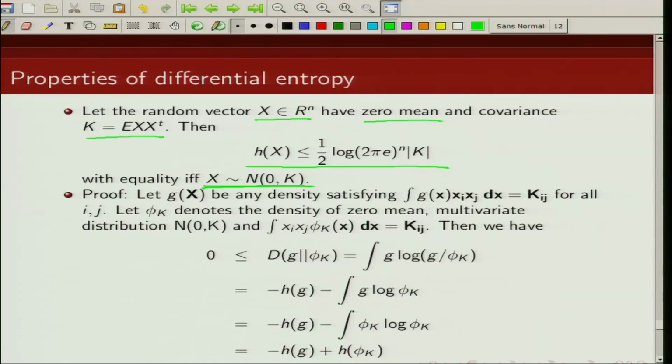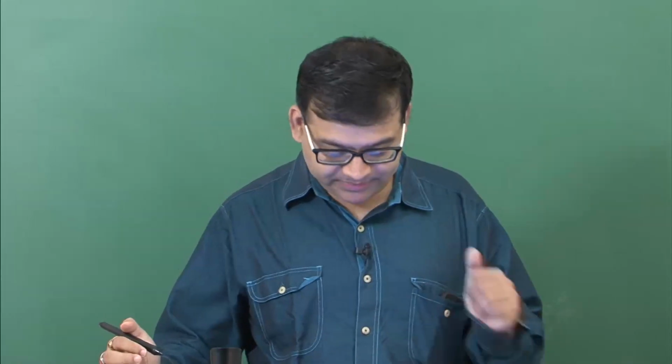So among random variables with 0 mean and covariance matrix k, it is the multivariate Gaussian distributed random variable which will have the maximum differential entropy. If you recall its counterpart, in the case of a discrete random variable, it is the uniformly distributed random variable which will have the maximum entropy.